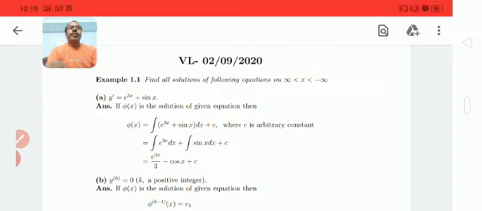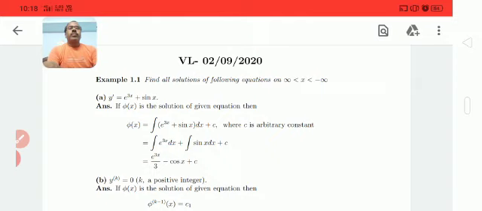In this video, we will consider examples where we find the solutions of the given differential equations.